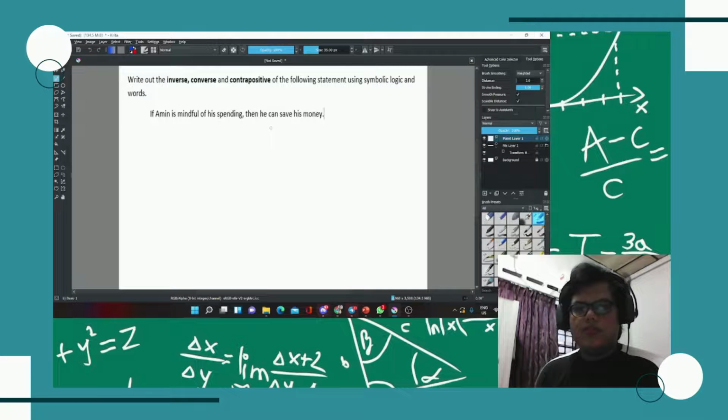First, we need to know the P and Q. The P here is Amin is mindful of his spending. This is P because this is a conditional statement, and then he can save his money. This is the Q.